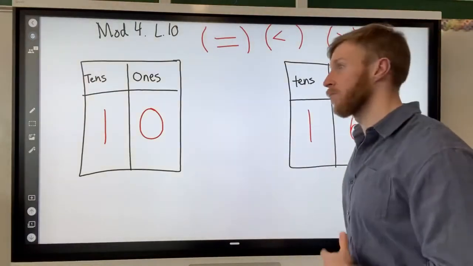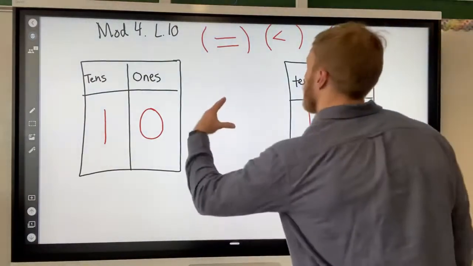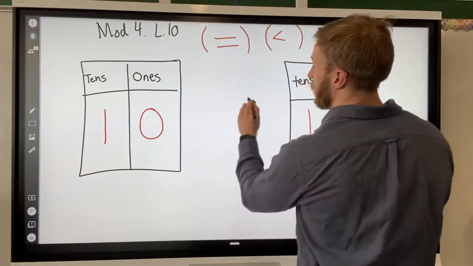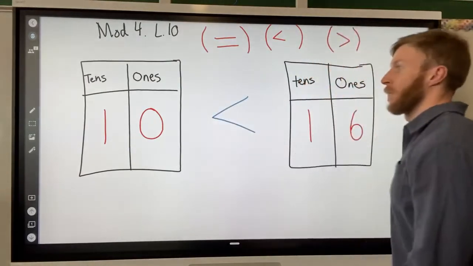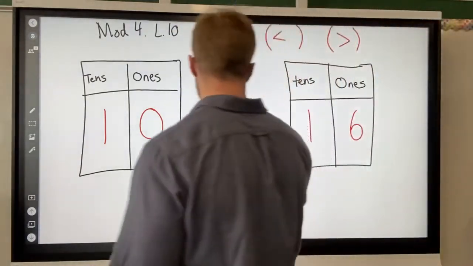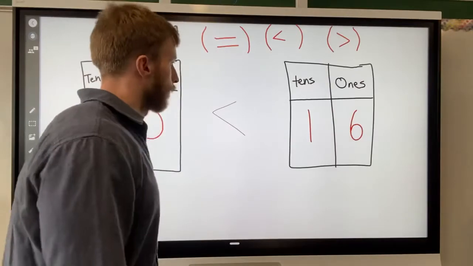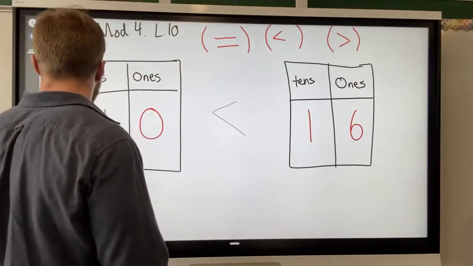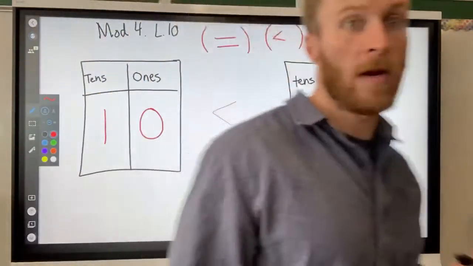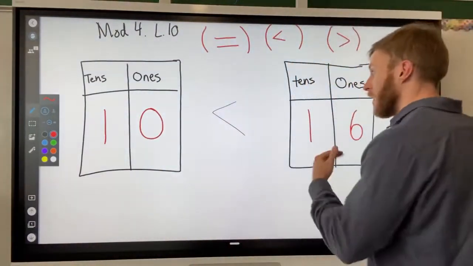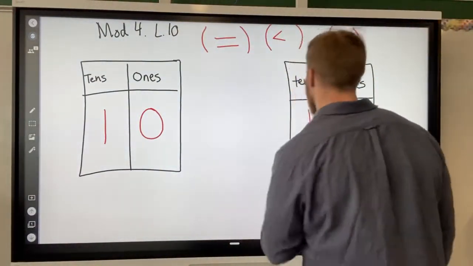Or frogs or whatever it is alligators like to eat. So the alligators are going to come over here, so I need to make the symbol look like that. Boom. Over there. I'll make it in red so it's a little more visible. There we go. That's what we're going to be doing. And remember, to figure out which number is bigger, we're going to be looking at the tens place first and then going to the ones place.